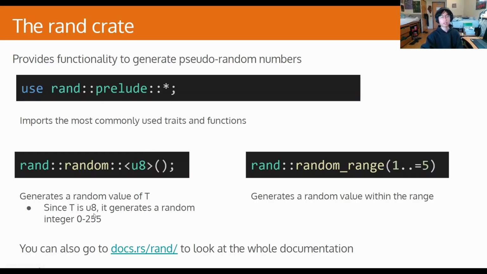Here, since T is an unsigned 8-bit integer, it will generate a random integer from 0 to 255. Another function is the random_range function, which will generate a random value within the range. So here it will generate a random value between 1 to 5 inclusive. For more information, you can also go to docs.rs to look at the whole documentation.